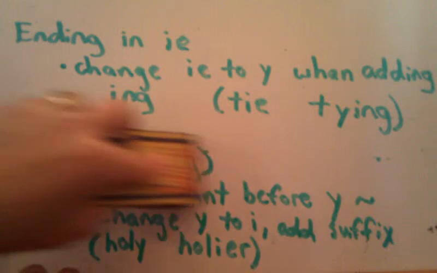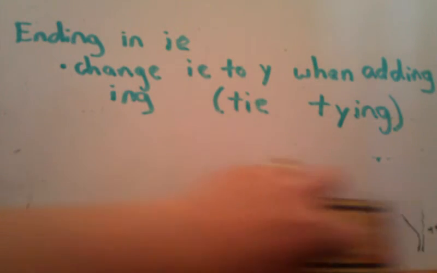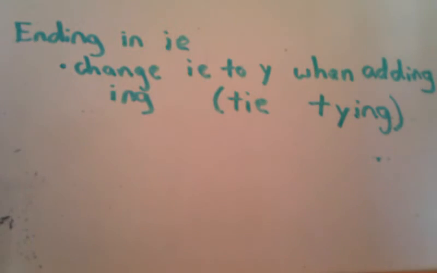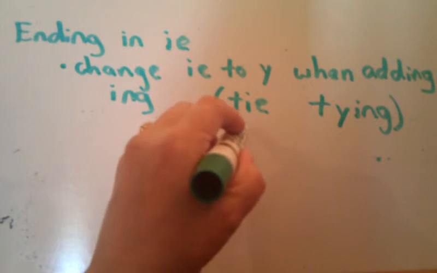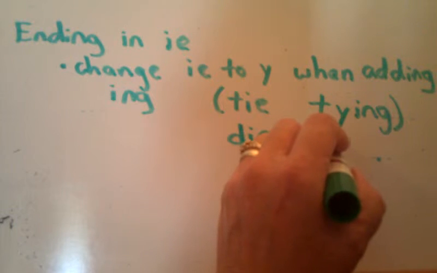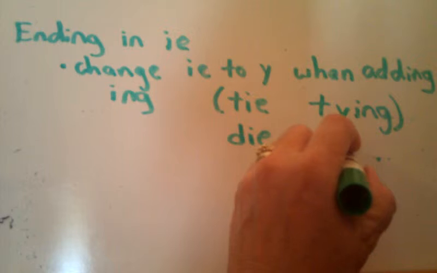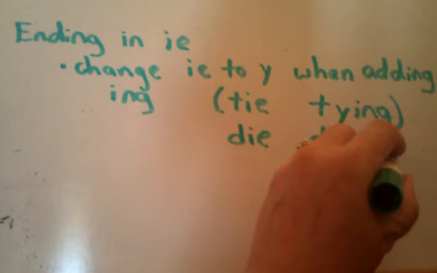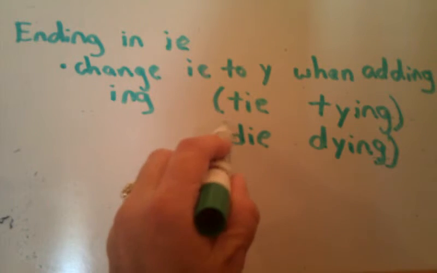Now there's an exception because there's two different ways to spell die, right? Die is DIE, and it follows the same rule. If I say the plant is dying, I change the IE to Y, then add ING. Okay, it follows the rules.